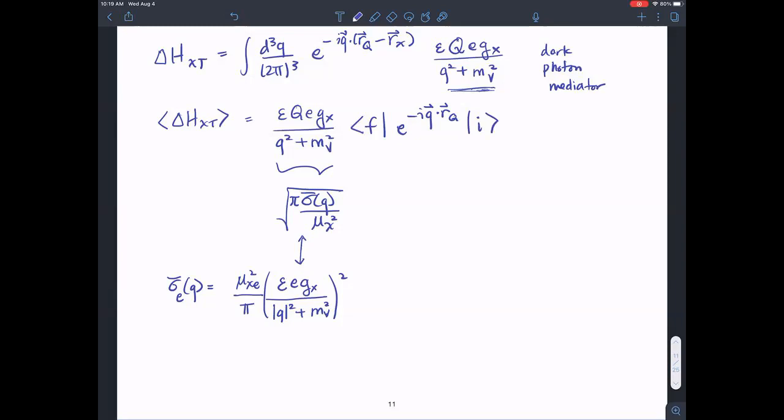So if in the target system you're dealing with, say, a free electron, then you might take plane waves for the initial and final states of this electron, and then you would get total momentum conservation. This was asked, but in general, these could be some other complicated final states.